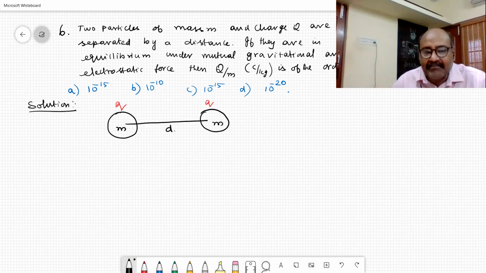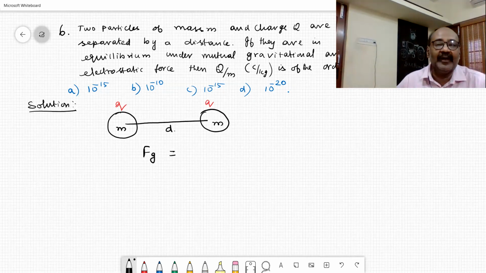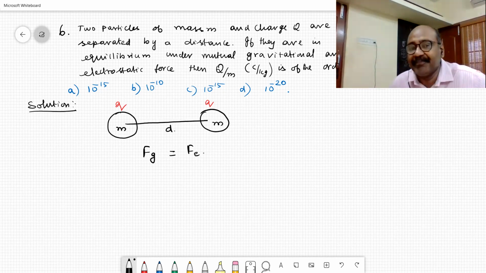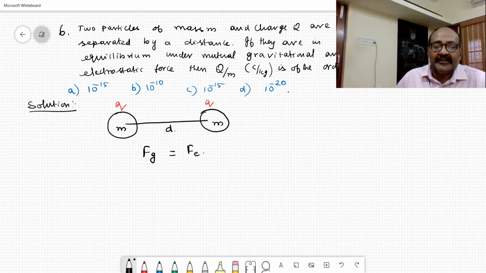See, they are being balanced by mutual gravitational and electrostatic force, because it is given they are in equilibrium under mutual gravitational and electrostatic force. So gravitational force, I am writing it as Fg, and electrostatic force, I am writing it as Fe. According to the universal law of gravitation, this Fg is given by G into m1 into m2.